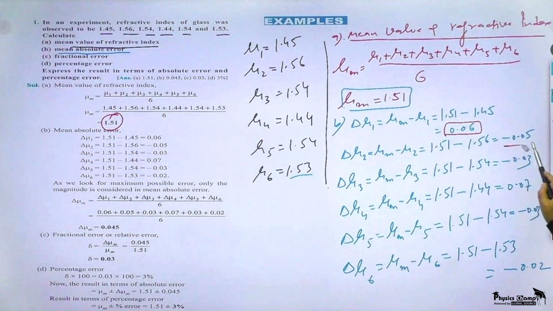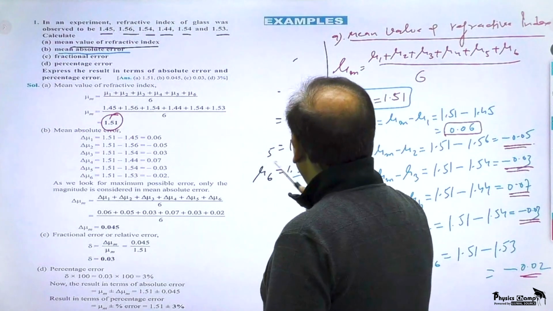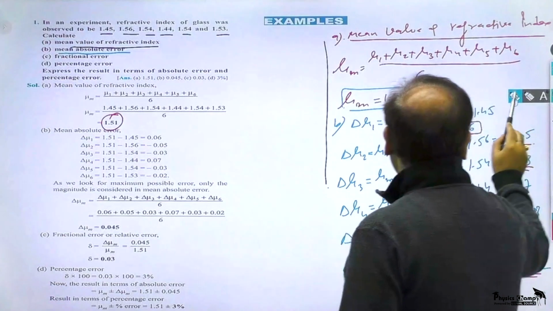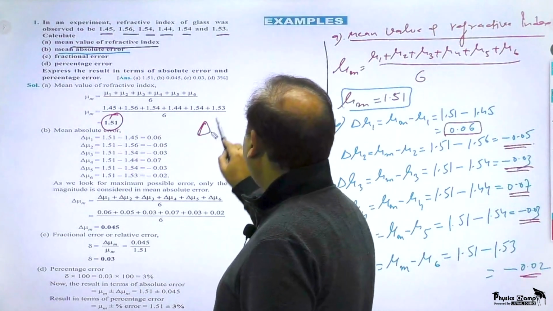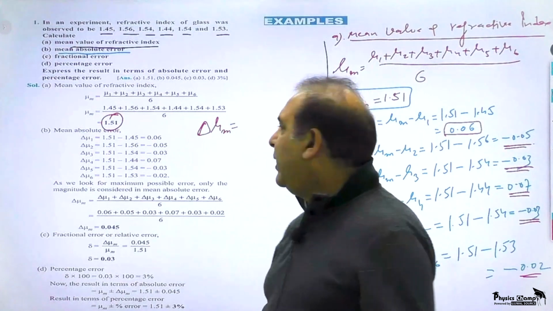This is a negative value. This is again a negative value. This is a positive value, negative value, and negative value. But when we are looking for mean absolute error, that stands for delta mu_m, only the positive of all these absolute errors will be added.